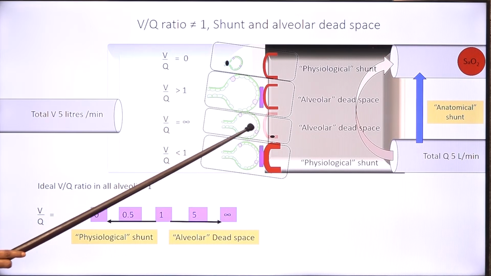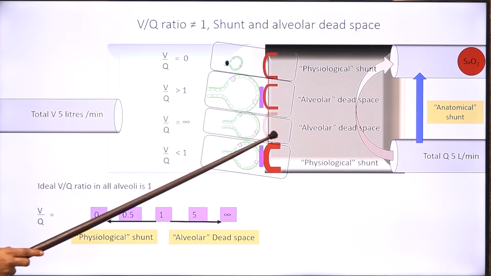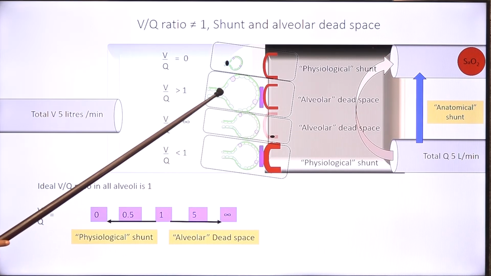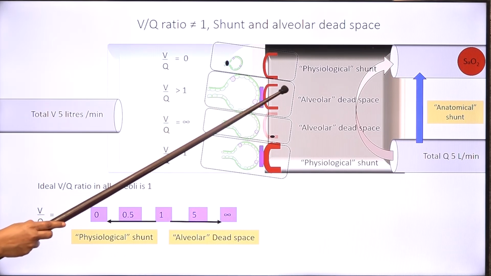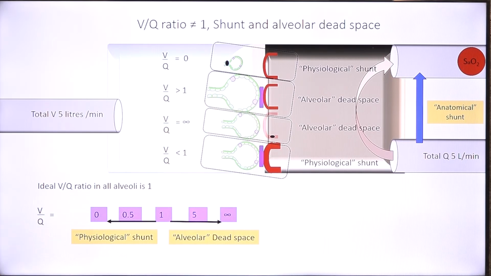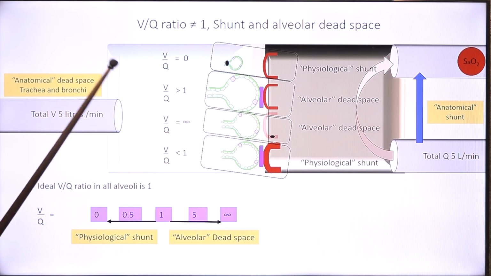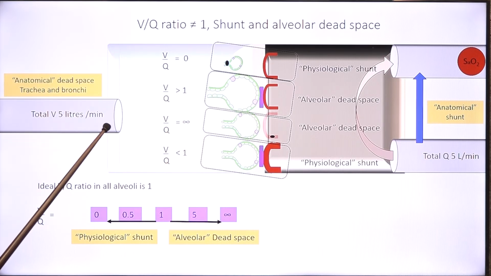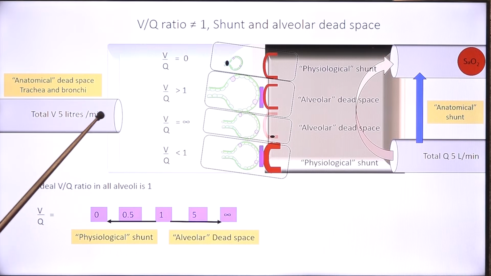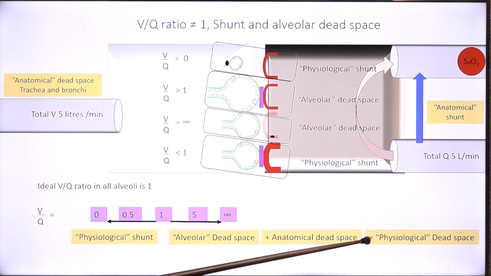The air that went into this alveolus is wasted because there is no blood, or the extra air that went into this alveolus is again wasted because there is only normal amount of blood coming into that alveolar unit. This is alveolar dead space. We are already aware of what anatomical dead space is. Anatomical dead space plus alveolar dead space is what is referred to as physiological dead space.